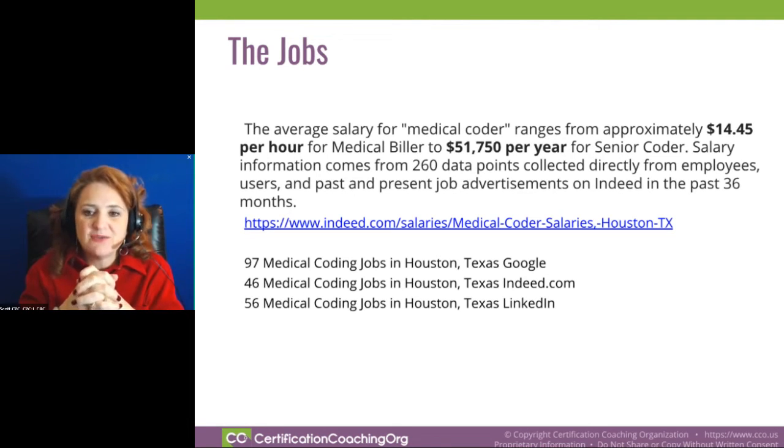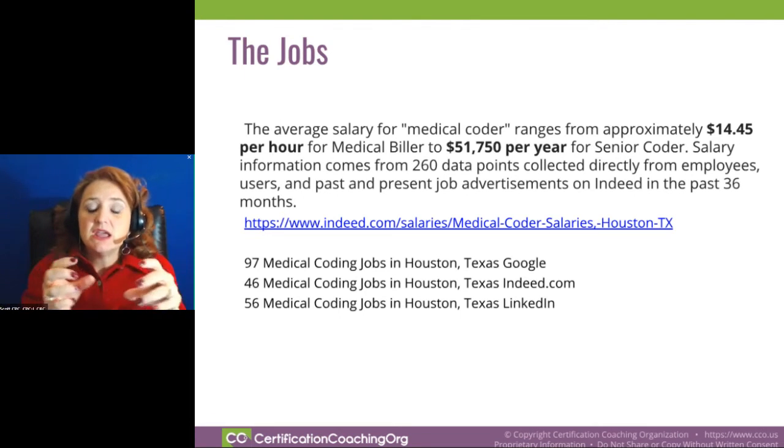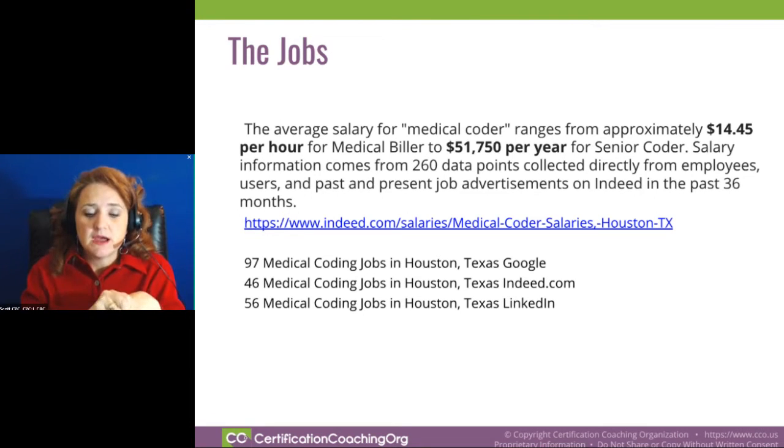Now, that's relative, because if you're working remote, most of the time I would say you're going to start at around $19 or $20 an hour, especially in risk adjustment. If you're working for a facility or an office, yeah, they may start you around $14 or $15 an hour. They may start you less, but if you're credentialed, that's probably a national average.